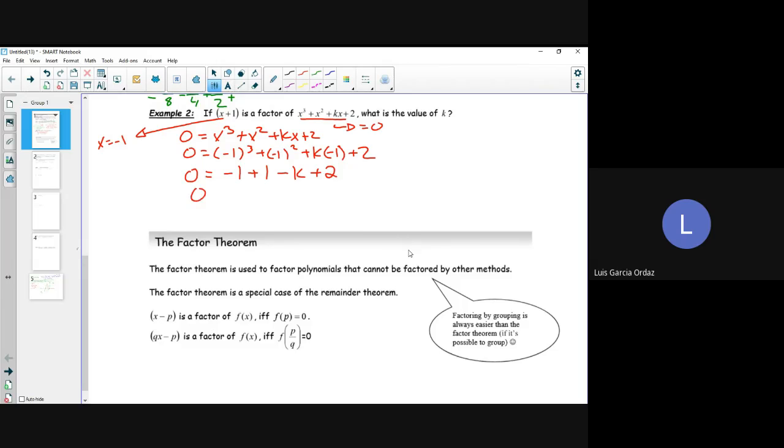Okay, so you have 0 is equal to 2 minus k, which means if we move k over, k is equal to 2. Therefore, the dividend, or f of x, is equal to x cubed plus x squared plus 2x plus 2.